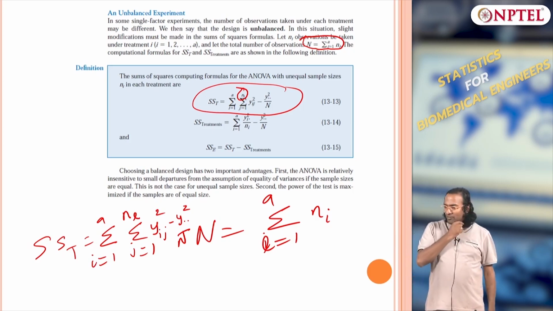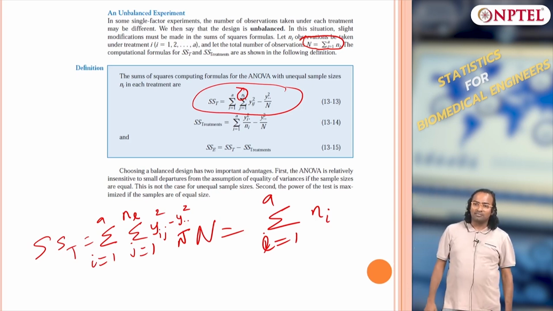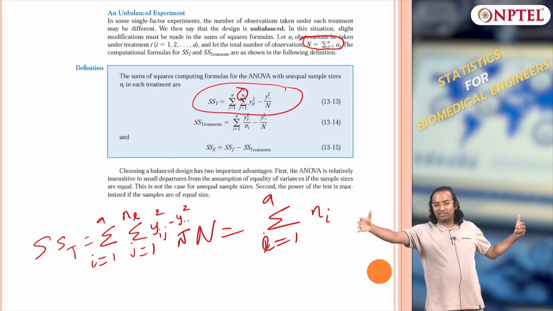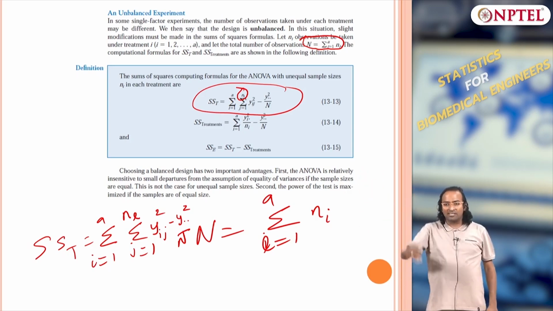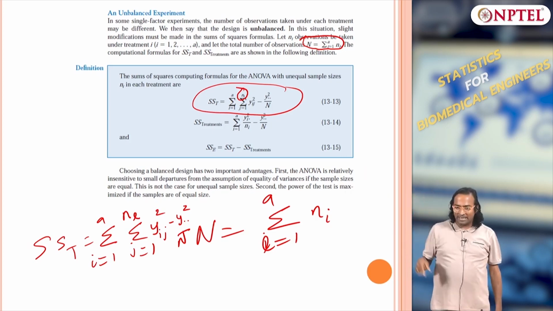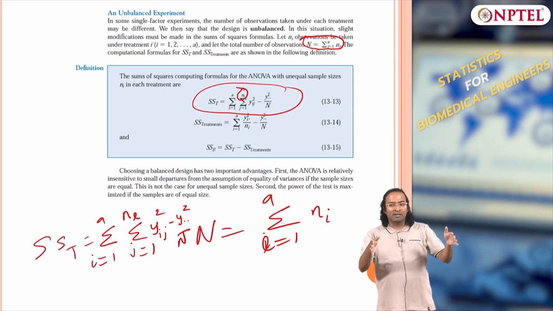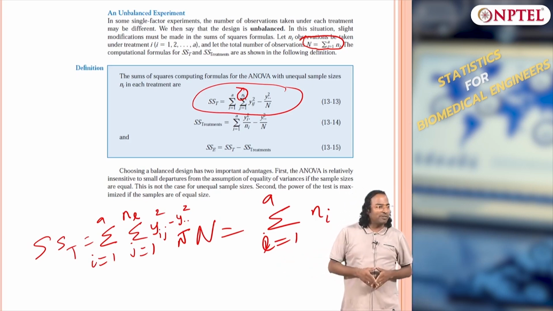And his question is very relevant: if the number of samples is too small, your estimate of sigma squared will get affected. Suppose you have 10 or 20 samples for each treatment, you calculate sigma squared, which is your MSE, to be the same. Now, you have only 2 or 3 samples in one treatment and 40 samples in another, and your estimate of treatment variance will be a problem.